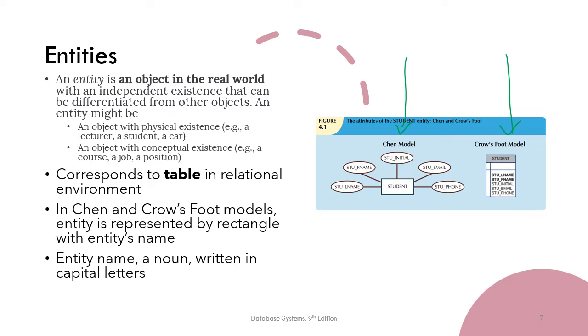It contains the entity's name and also its attributes. So this presentation is more like the class diagram. Both can be used unless the question states a specific model, then you need to follow. If no model is stated, then you can use any. Entity name is a noun, usually written in capital letters.